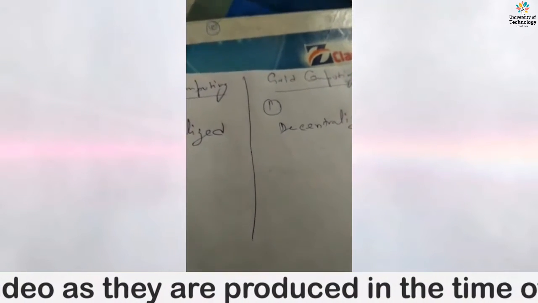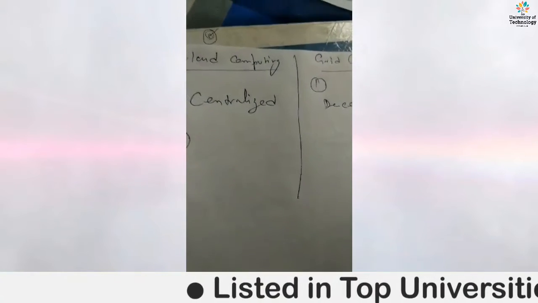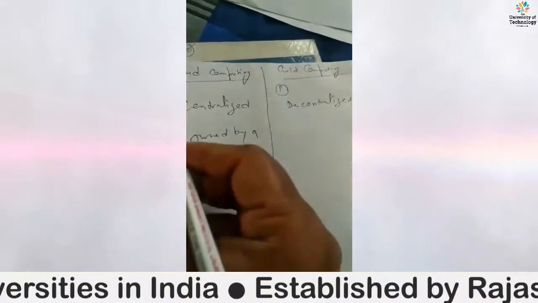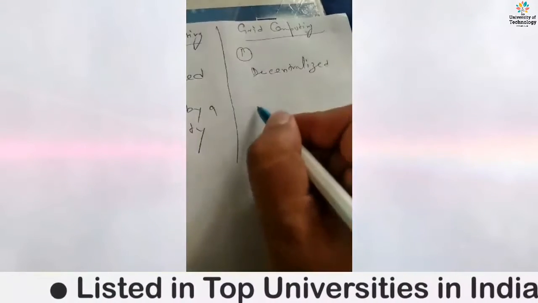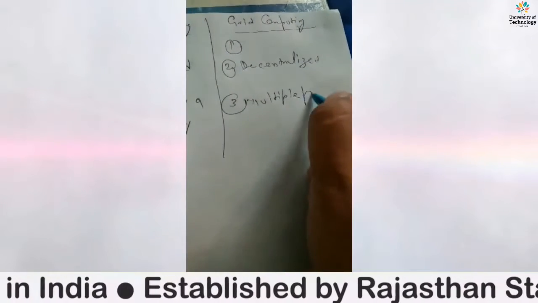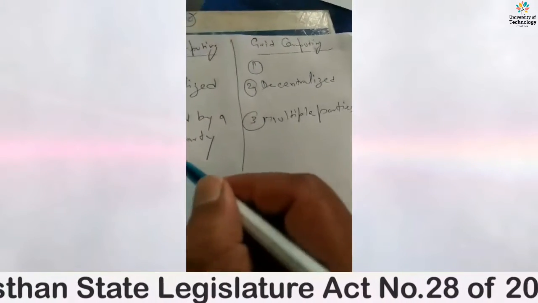Third point is that cloud is a collection of computers usually owned by a single party.